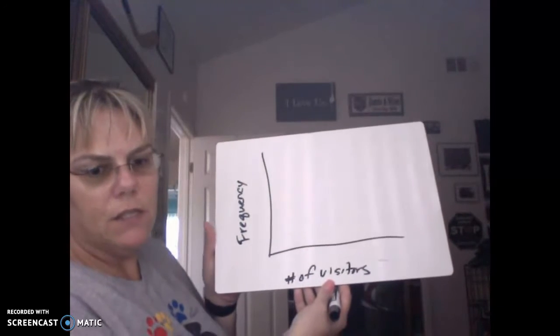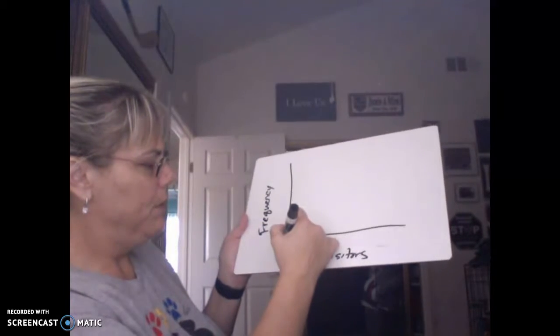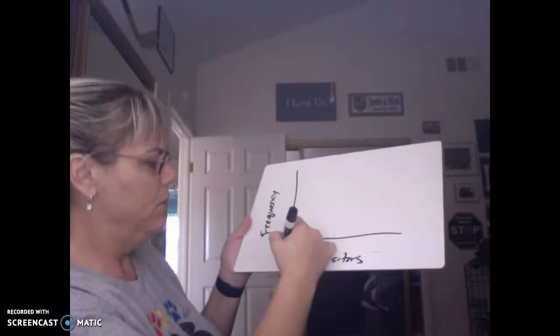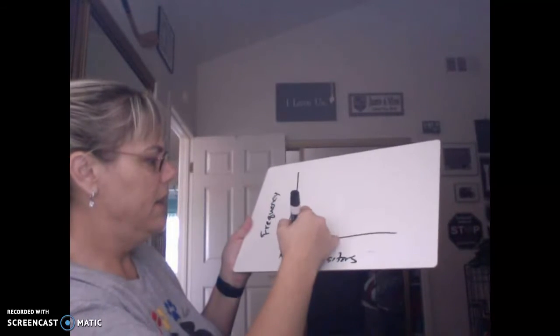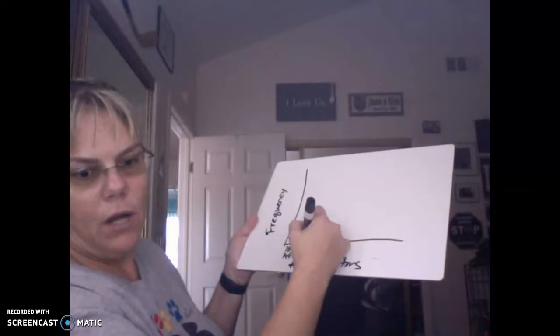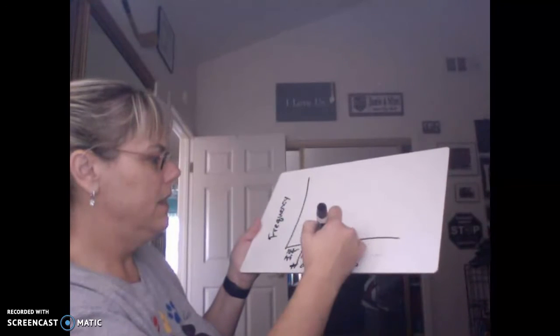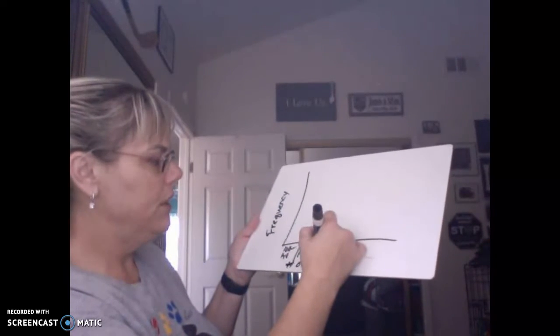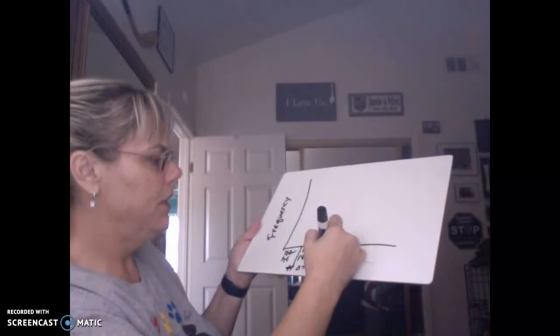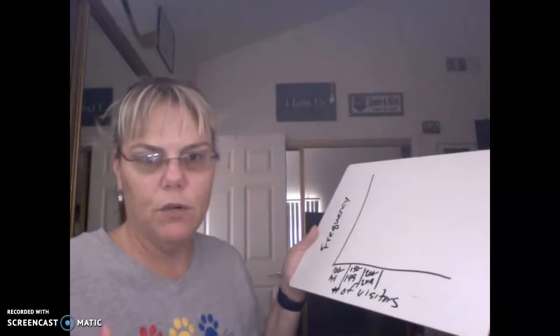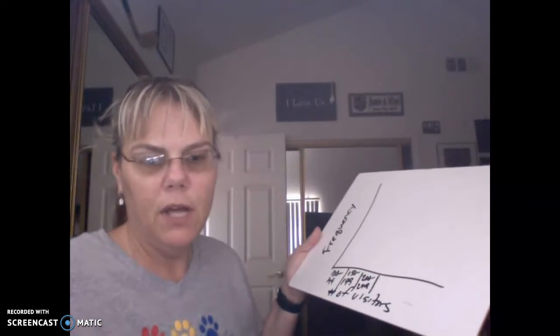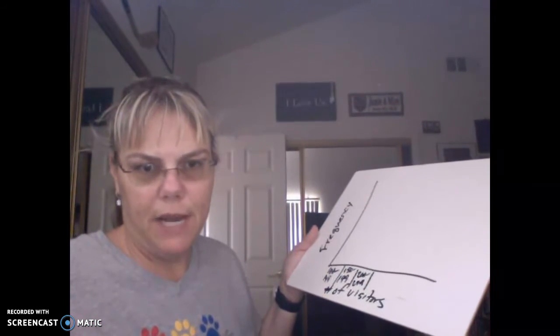At the bottom, I'm going to put 100 to 149, 150 to 199, 200 to 249. Where am I getting these numbers, guys? I'm getting them from the frequency table we just made.